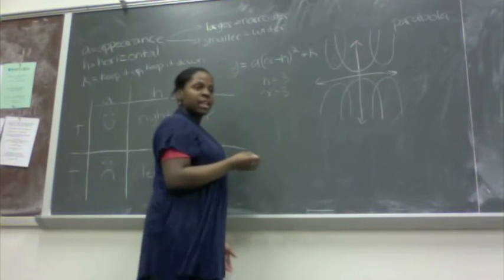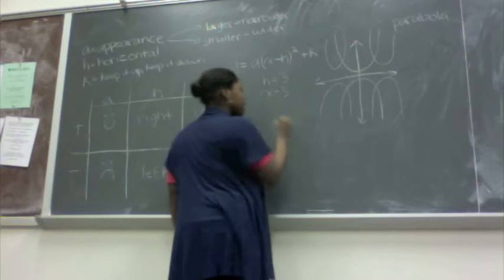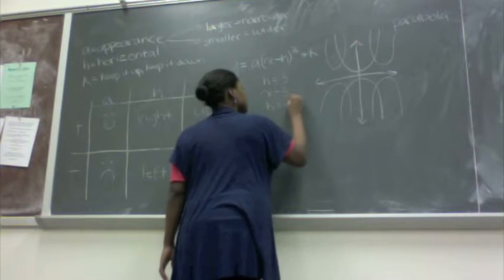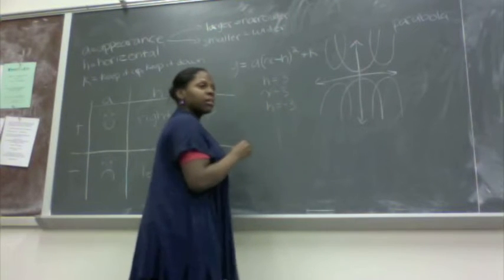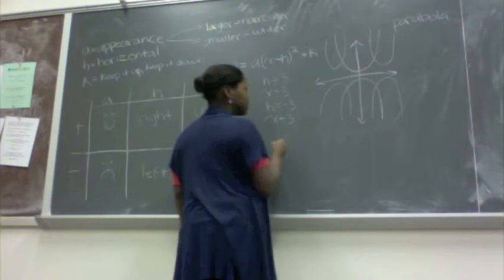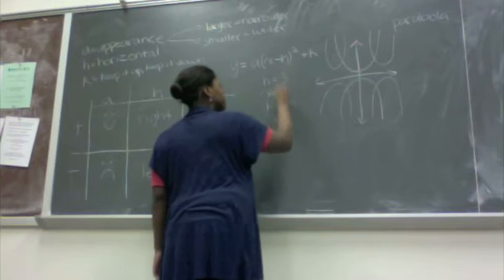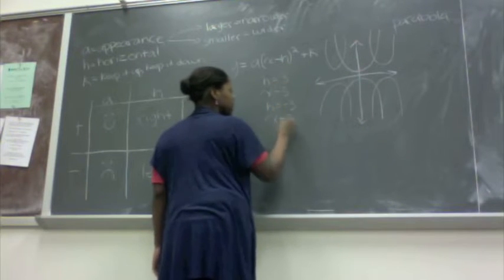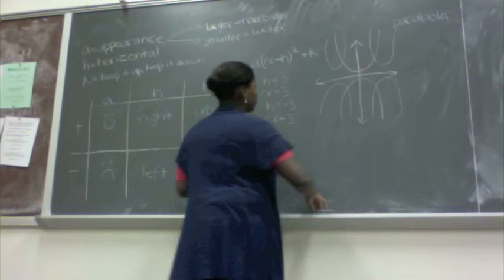Does everyone understand that? And now, tell me, if h equals negative 3, what would you write? x plus 3. Good. So, if h is positive, it looks like this. But if h is negative, it looks like that. So make sure you remember that.